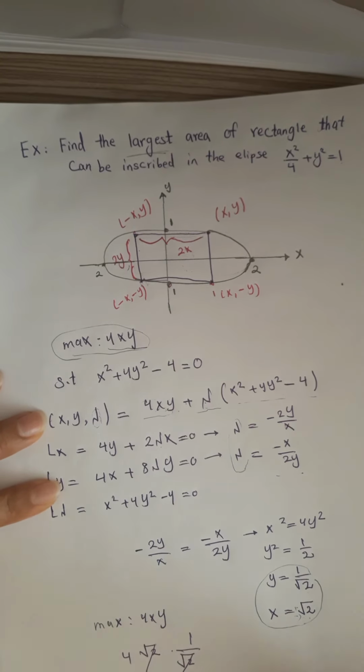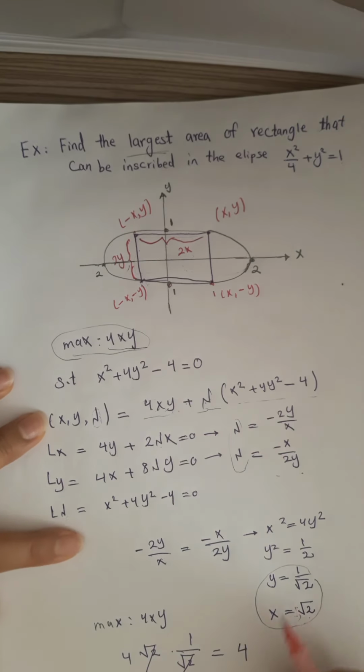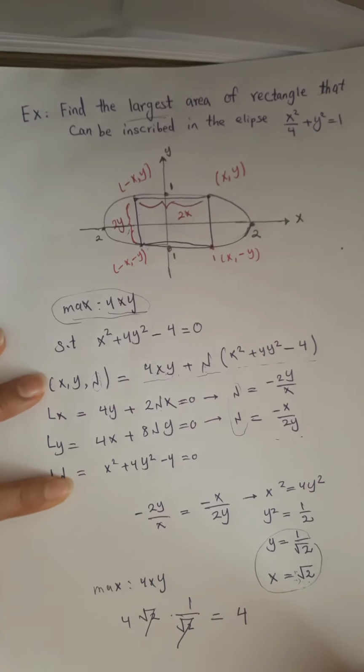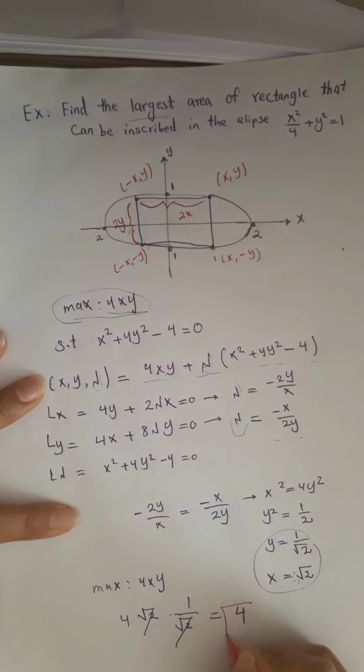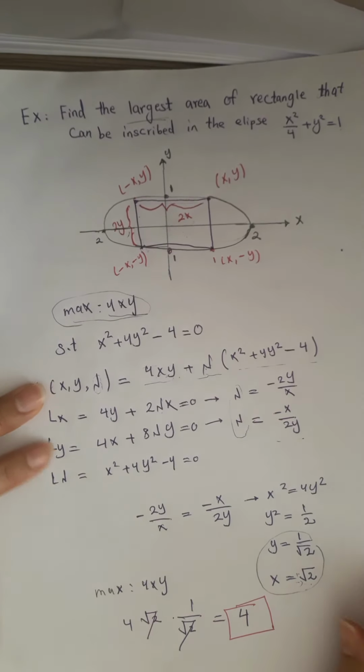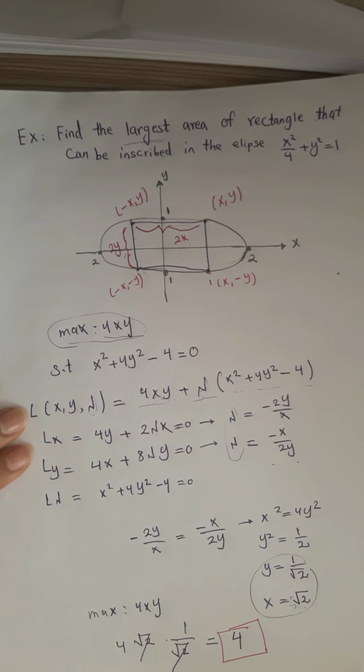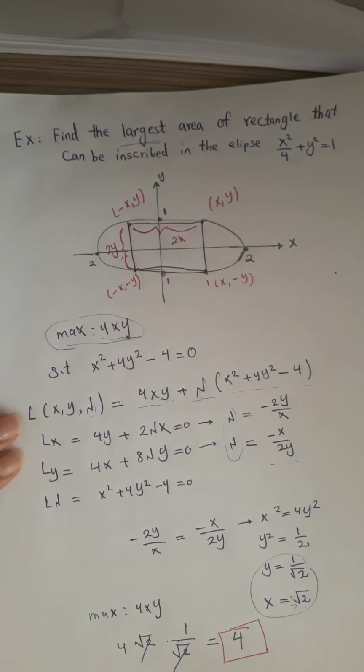As you know, these will cancel and we have only 4. So the answer to this question is only 4.